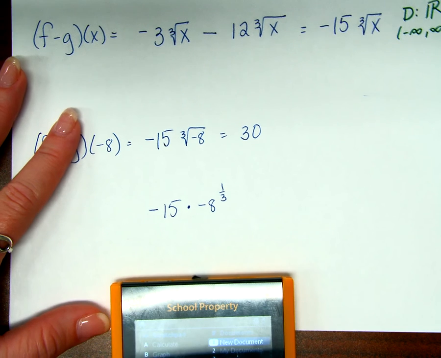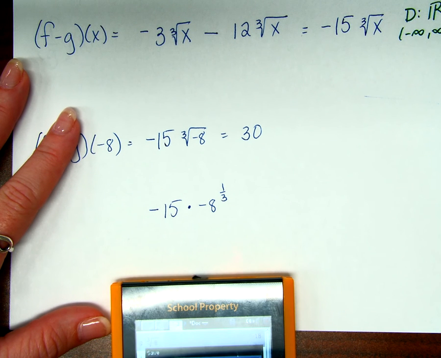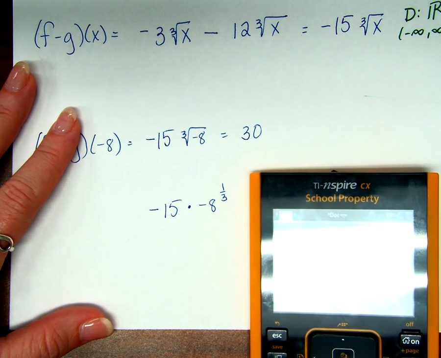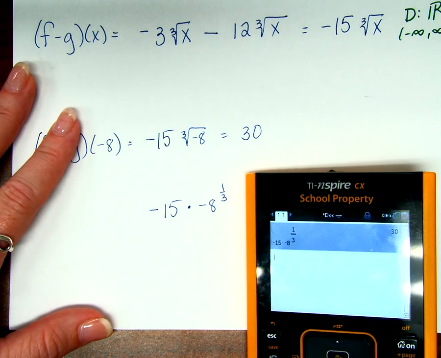We were working on some of the ones earlier, and we put in negative 15 times negative 8 raised to the 1/3 power, and we were getting weird things like negative 30.